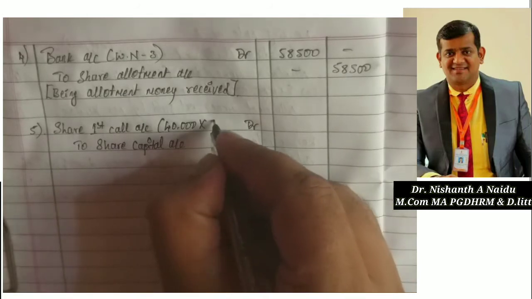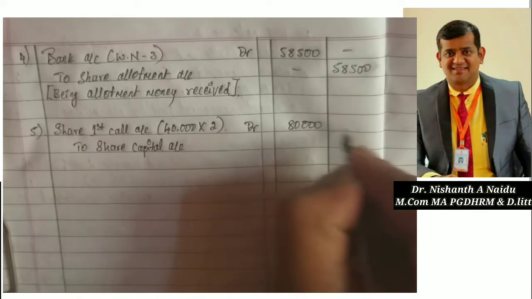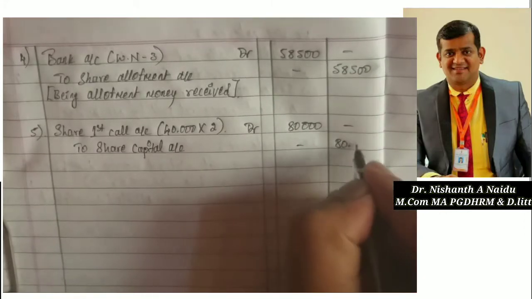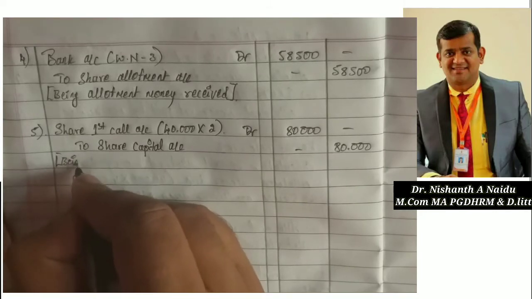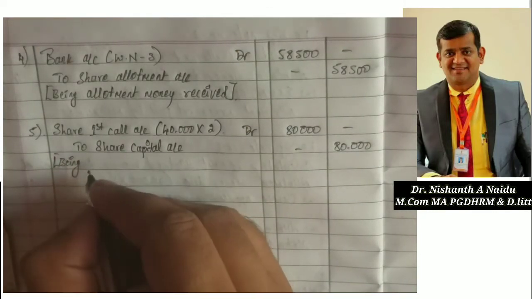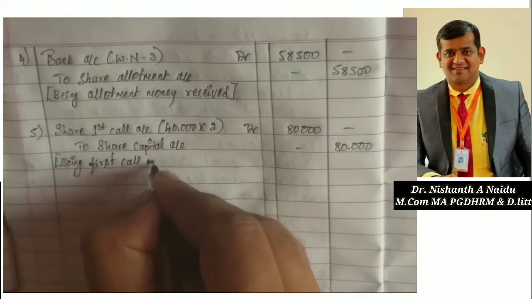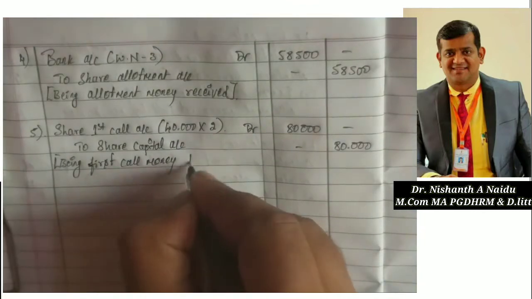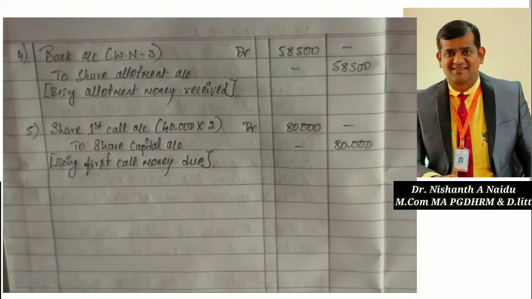At rupees 2, right? So 40,000 into 2 is 80,000. So write down being first call money due. Okay, so we are done with the due entry.